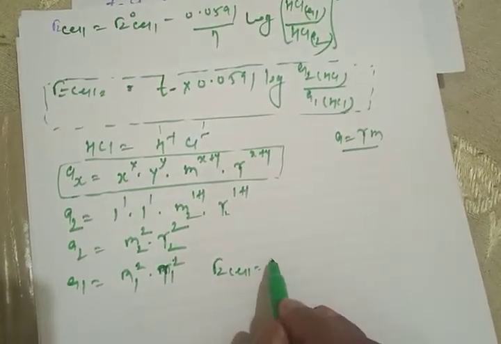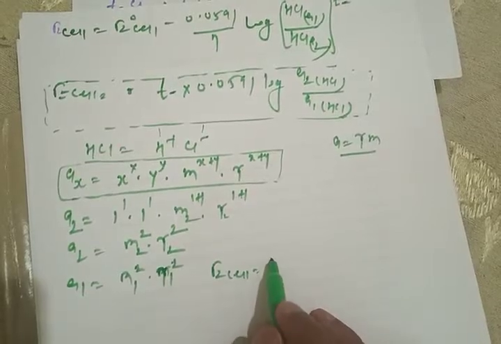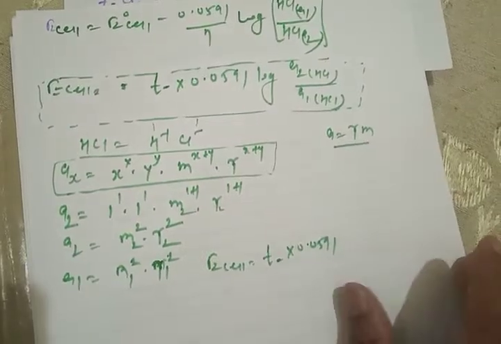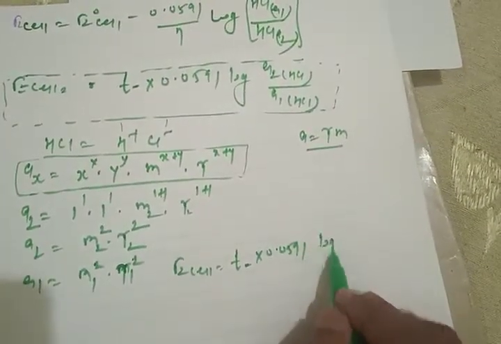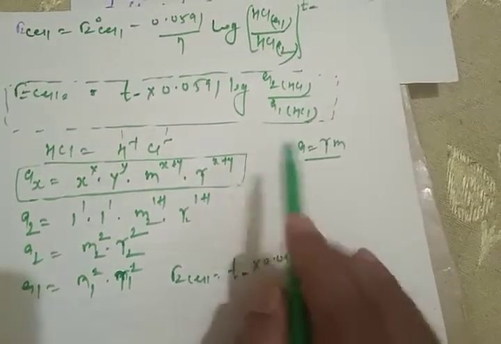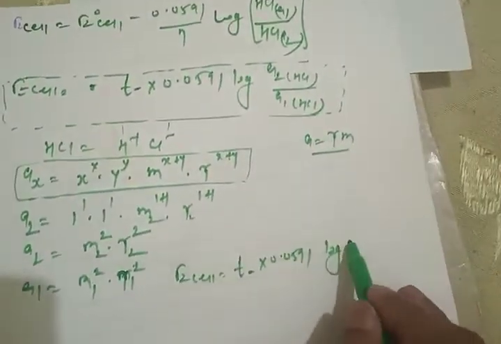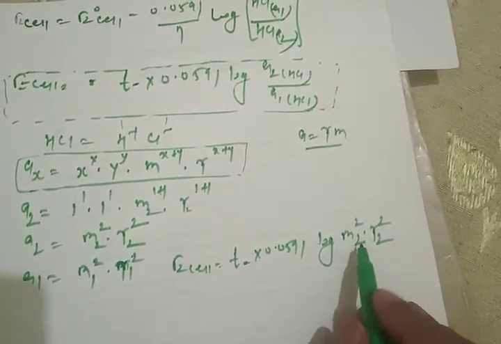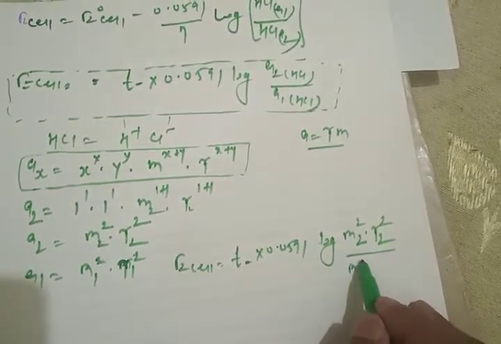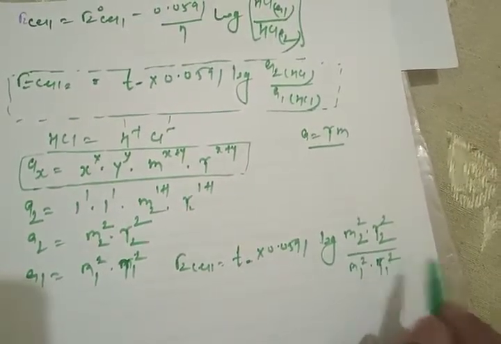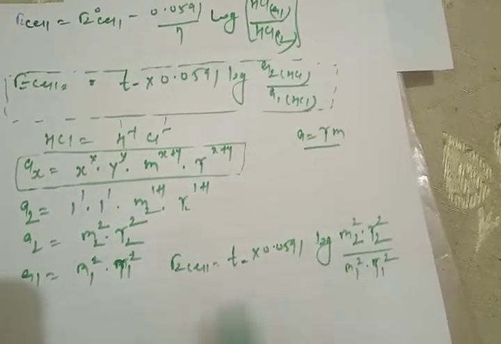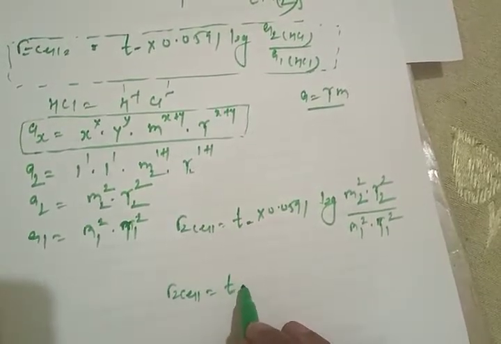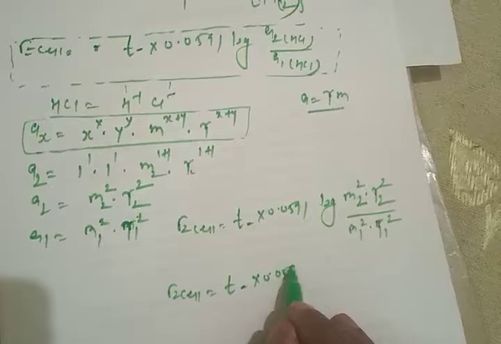So E cell is now T minus 0.059 log A2. So A2 is M2 gamma 2, both to the power 2, upon M1 gamma 1 squared. So this 2 can be taken as a power. So E cell is T minus 0.059.